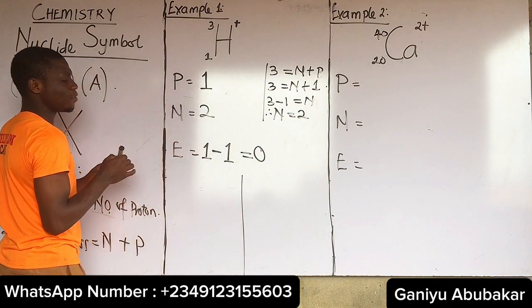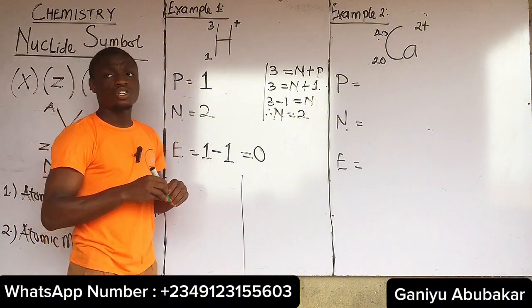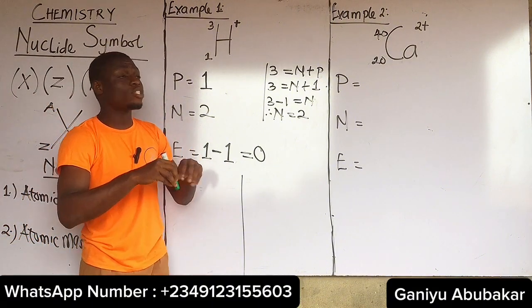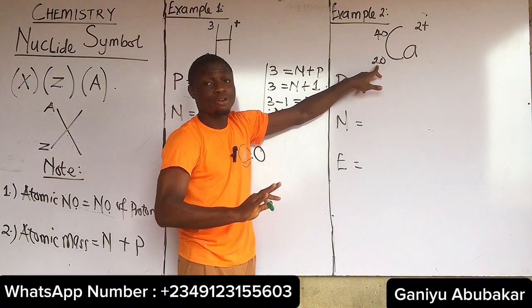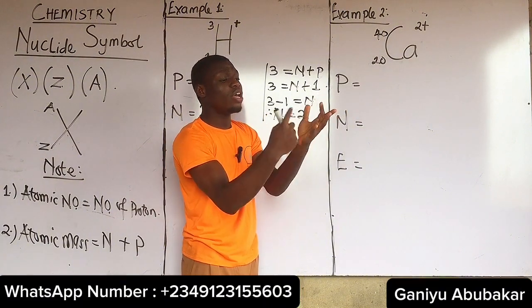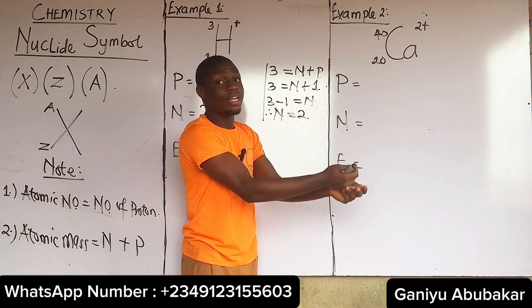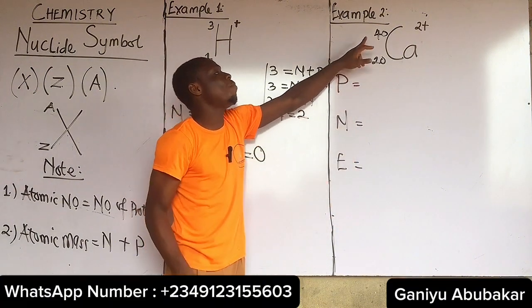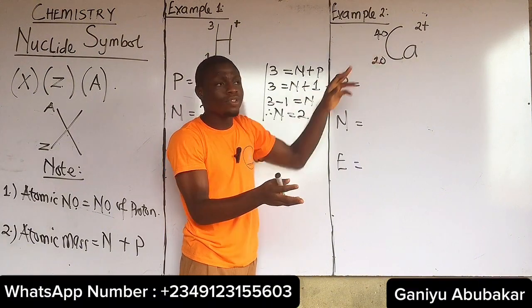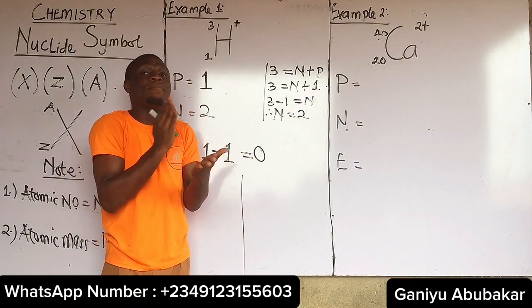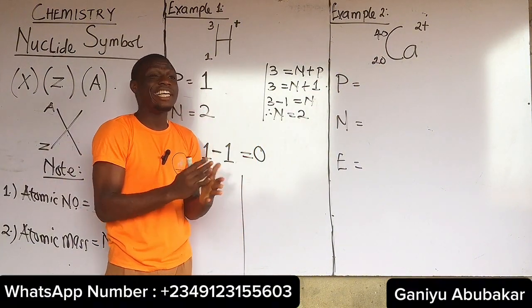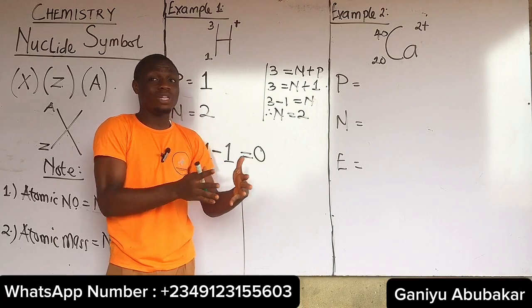Note that to get the atomic number is simple. Just count hydrogen, helium, lithium, beryllium, boron, carbon. Carbon is 6. But to get the mass number, here's a concept. I'm not saying that's a perfect calculation, but it gives you an accurate guess.